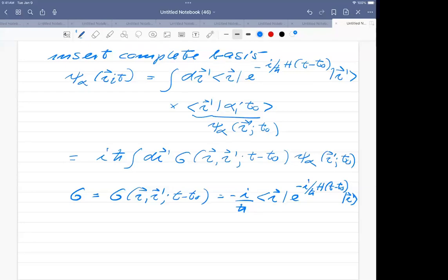This interpretation in terms of a Green's function is something you will see again in many different applications in the natural sciences. So I read this as a transition probability. It defines the way the system propagates through space, and it has an explicit time dependence and an explicit position dependence.